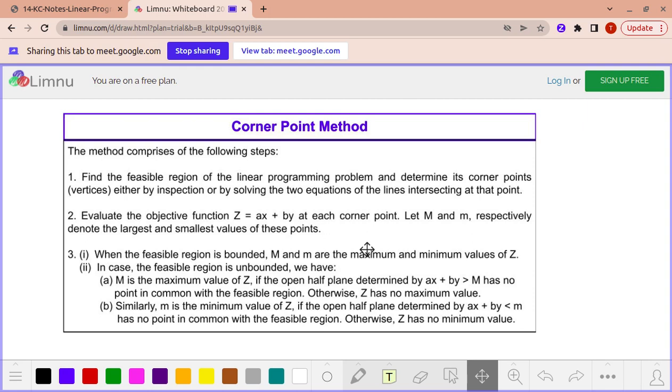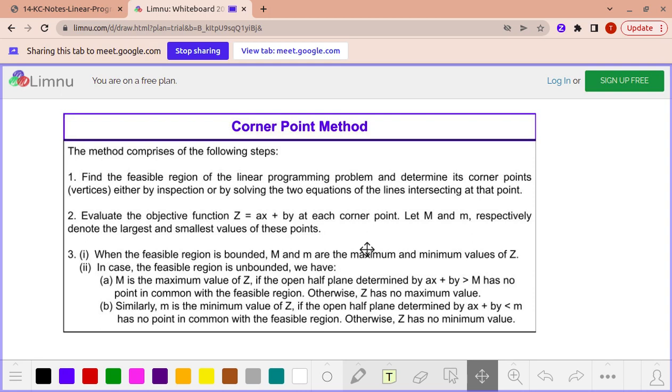Yes, sir. Okay, great. So now in the previous session, if you recall, we concluded with a method called the corner point method. We discussed a problem where a furniture dealer sells chairs and tables to have maximum profit.